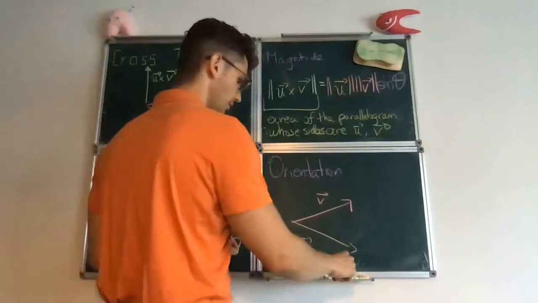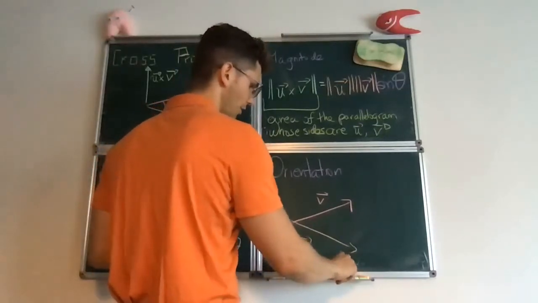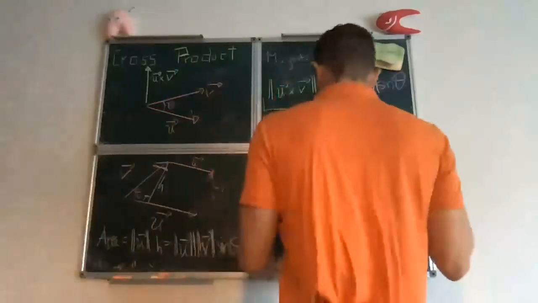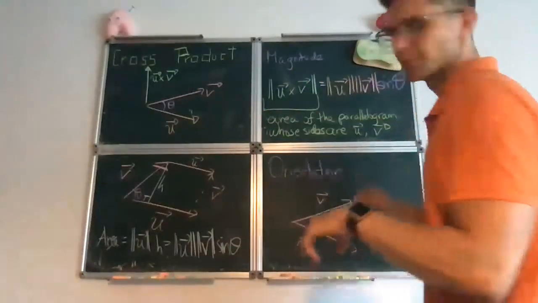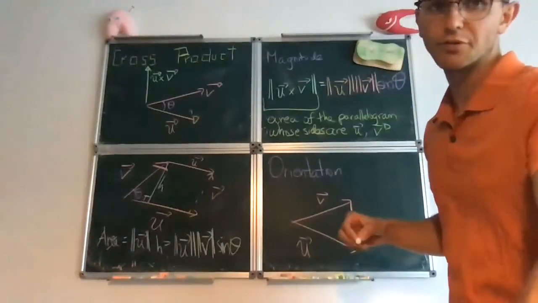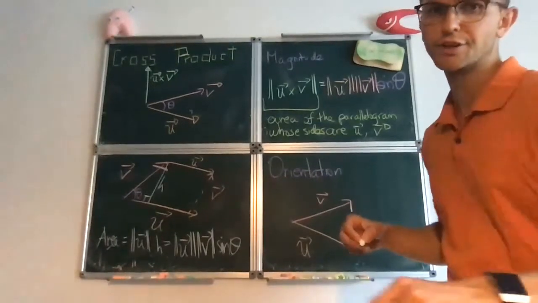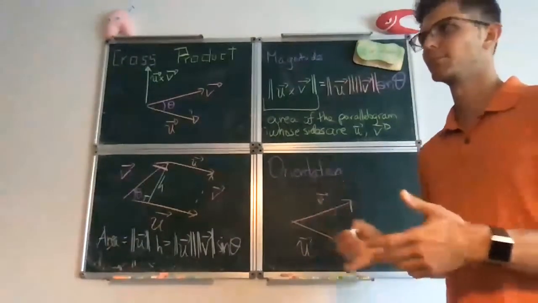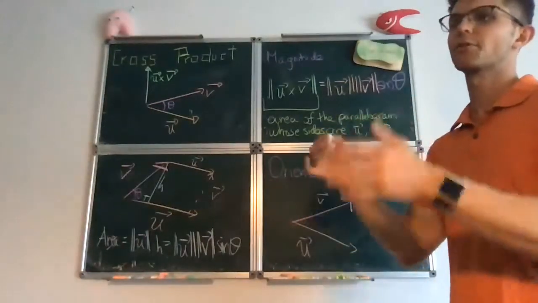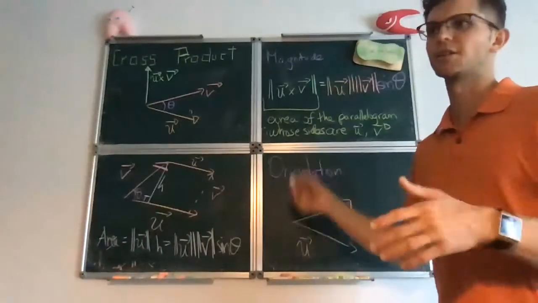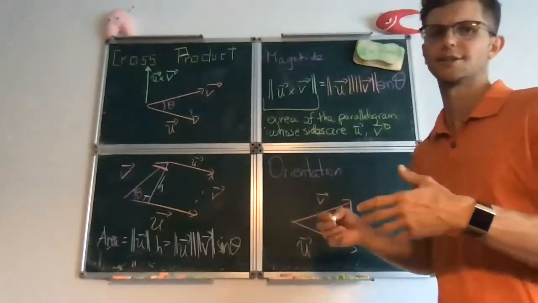And the point with the right-hand rule, in practice, the idea is not to use it, because in the same way in which with the dot product we use coordinates to compute it, with the cross product we will also use coordinates to compute it.